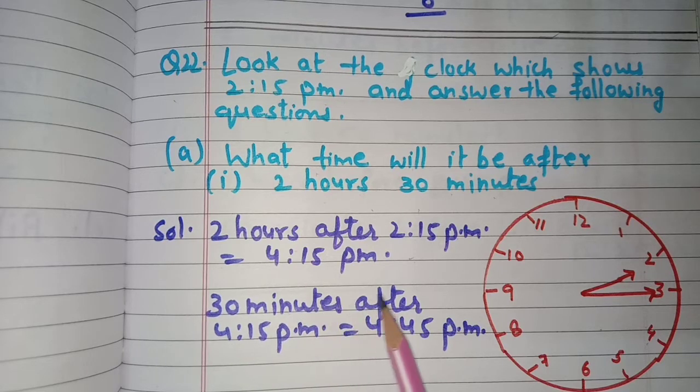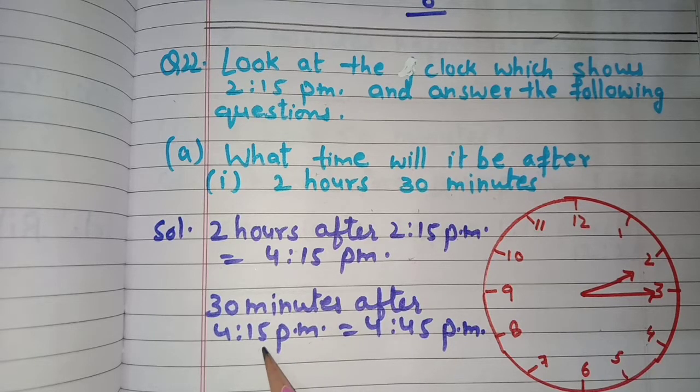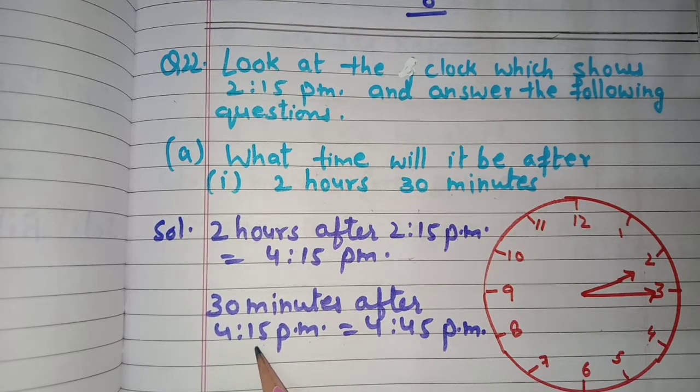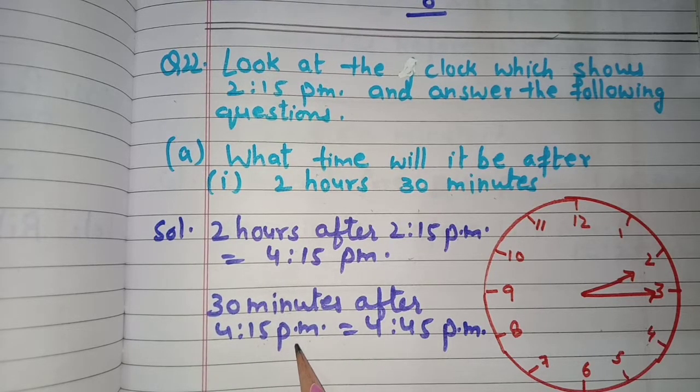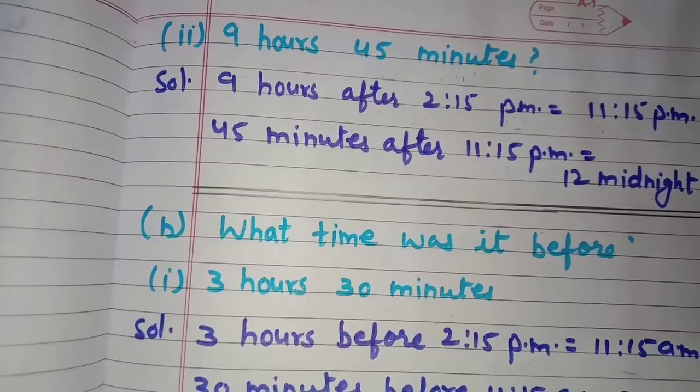So 30 minutes after 4:15 p.m. You can check what will be the time after 30 minutes, or you can add 30 minutes to 15 minutes. So 30 minutes after 4:15 p.m. the time will be 4:45 p.m.